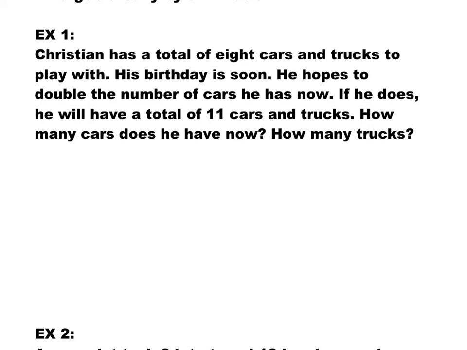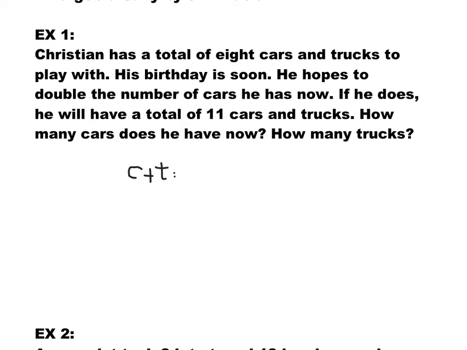So at the moment, if we read the problem, it says that he has a total of 8. So let's say C represents the number of cars and T represents the number of trucks.